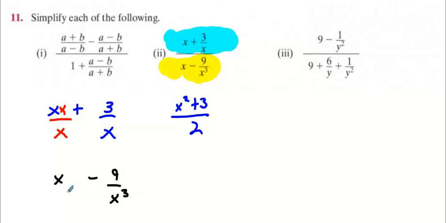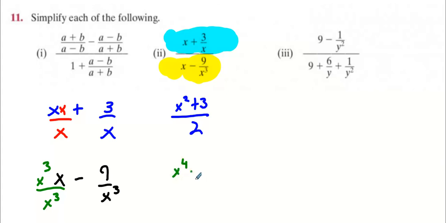You need to add in an extra x cubed beside the x there, and you put in x cubed here, top and bottom, and you get x to the 4 minus 9 over x cubed.